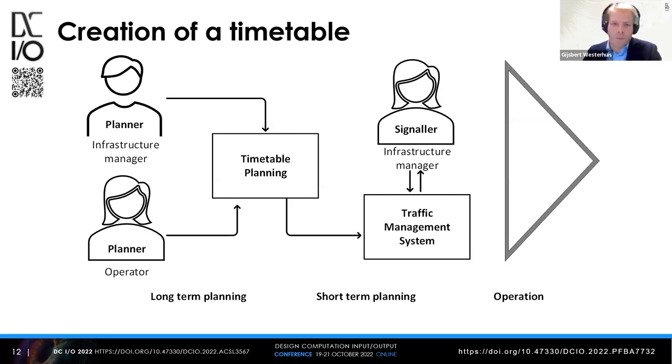It starts with long-term planning. Both the infrastructure manager within the Netherlands and the operator, so the people from ProRail that manage the infrastructure, but also the freight and passenger operators, provide their information and their requirements into a very in-depth timetabling request system, which has been part of the Netherlands for 30 years now, I think.